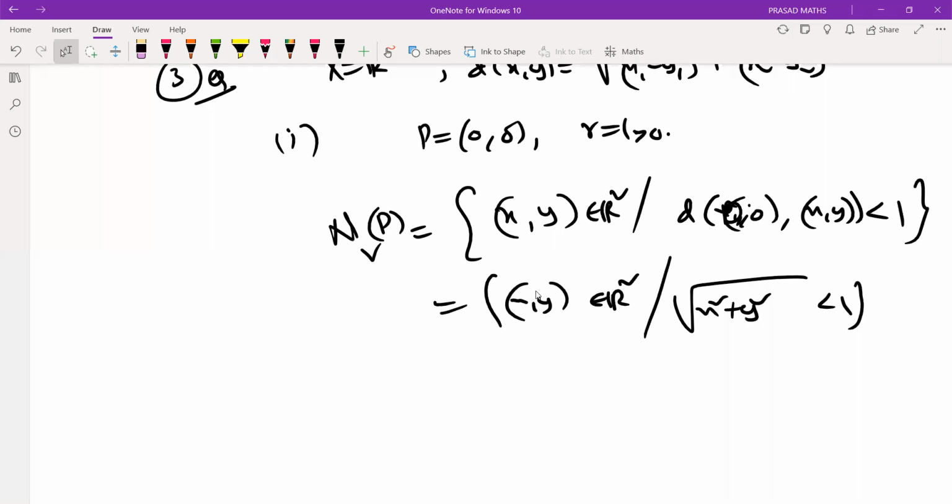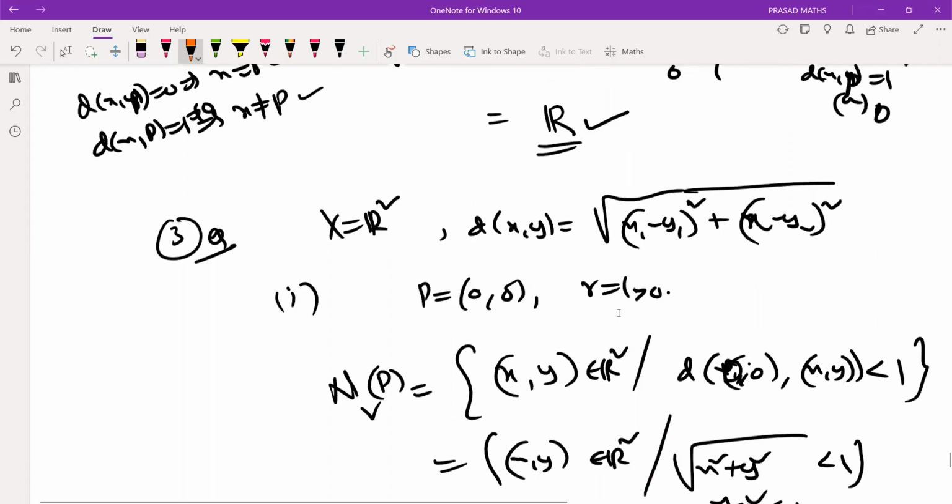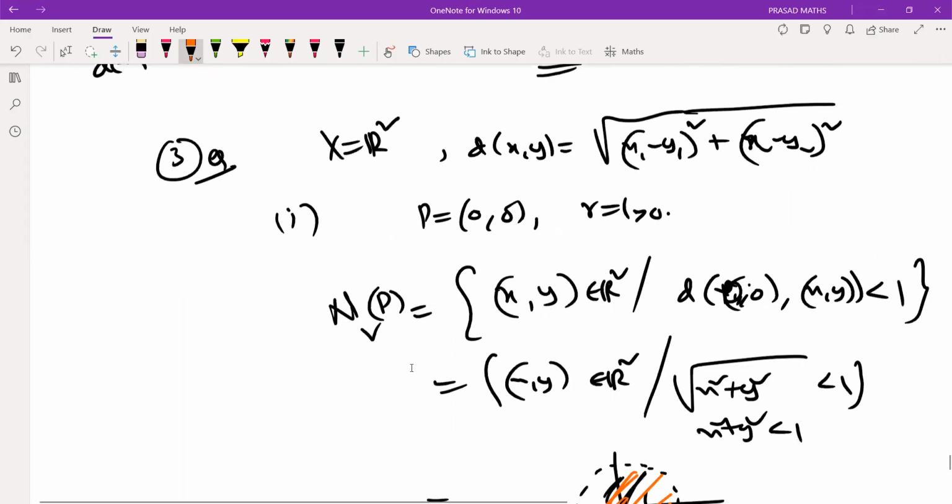That is exactly x square plus y square less than 1. So the neighborhood of (0,0) with radius 1 is the interior of the circle centered at 0 with radius 1. That means it is also a bounded set.